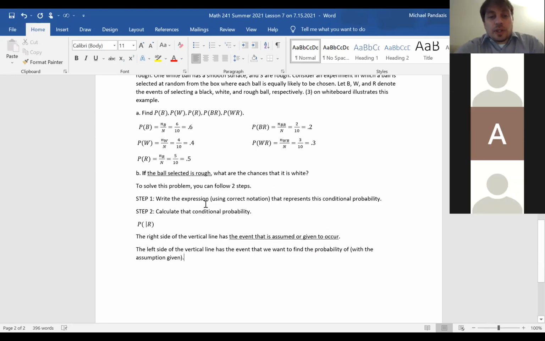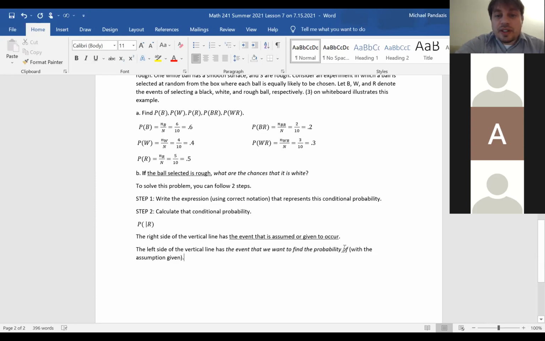So we are assuming that the ball is rough, but we want to find the odds that it is white, right? What are the chances that it is white? That's telling you the event we want to find the probability of.